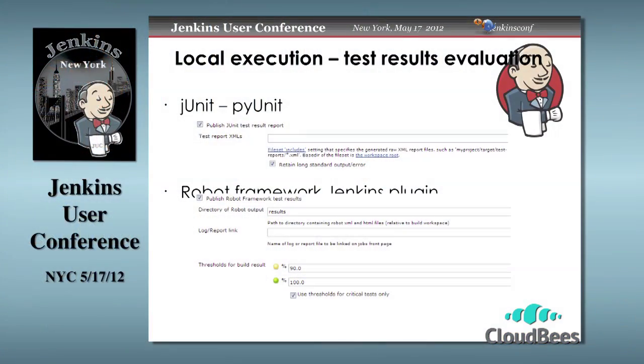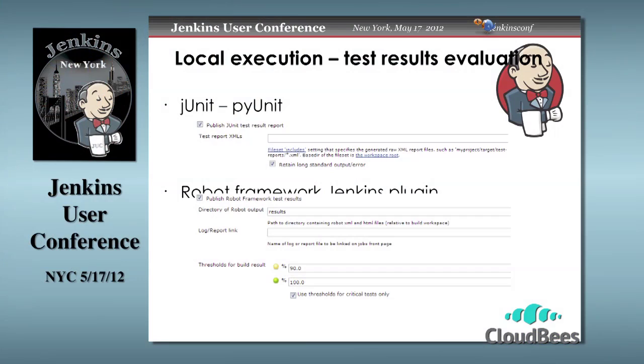The advantage and the reason why we have chosen Jenkins is the way the test results can be published, and the big variety of test results, because most of our scripts are written in Python, and Python offers some kind of output which is very similar to JUnit.